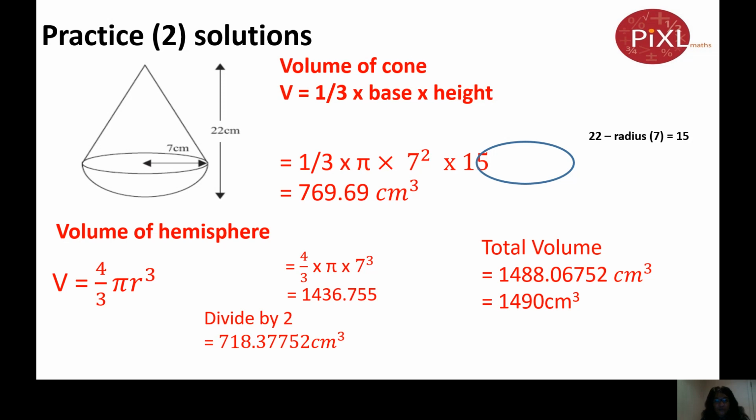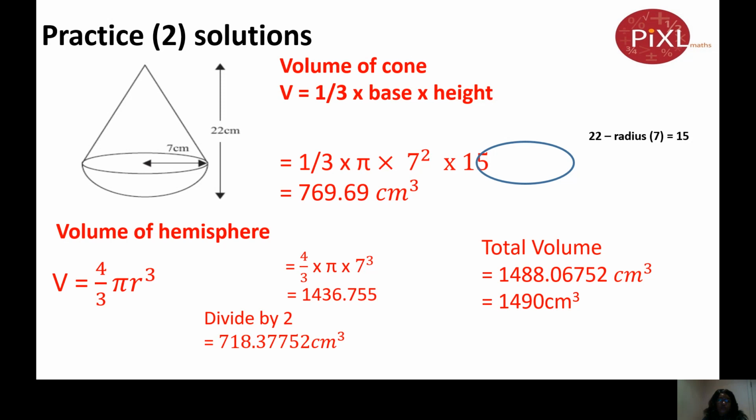So what is the height of the triangle? We need to take away the 7 centimeter, because the radius here is also 7 centimeter. So 22 minus 7 will be 15 for the height of the cone.